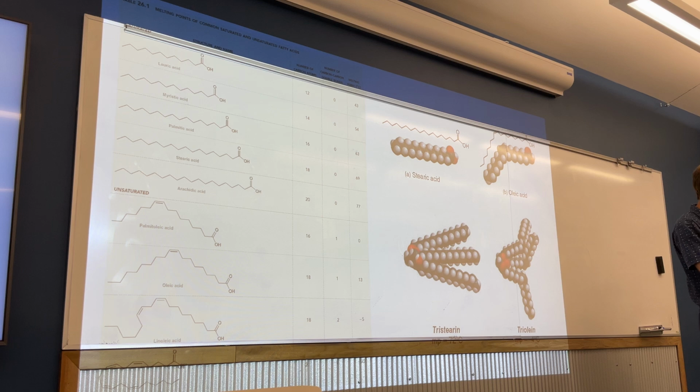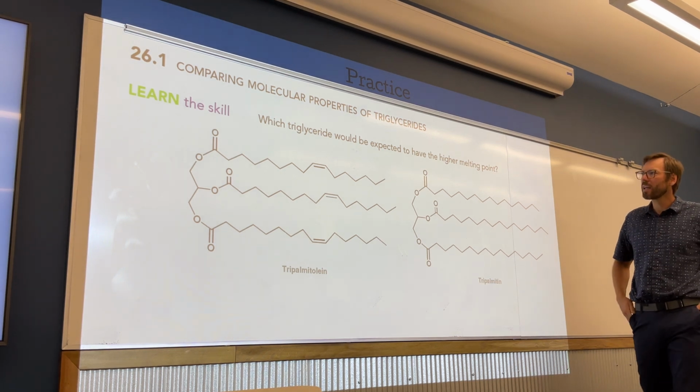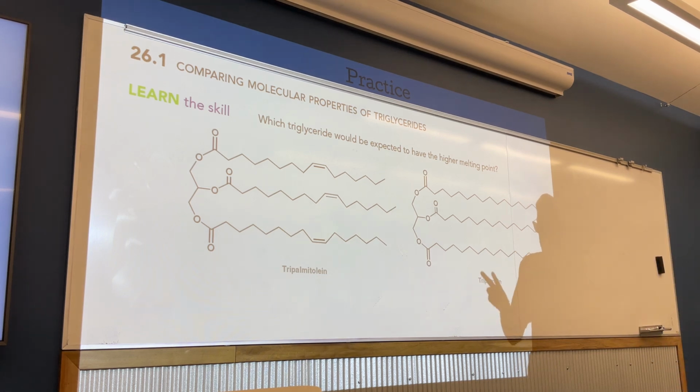All right. Okay, let's do this, and then we'll take a break. Which triglyceride, based on those 2 criteria that I mentioned, the length of the hydrocarbon tail and the number of pi bonds, is going to have the higher melting point?